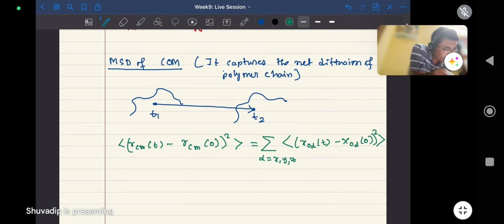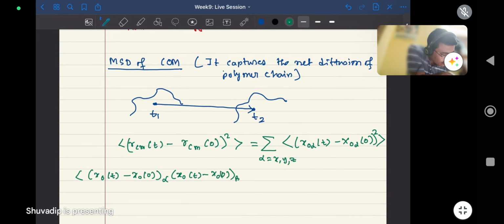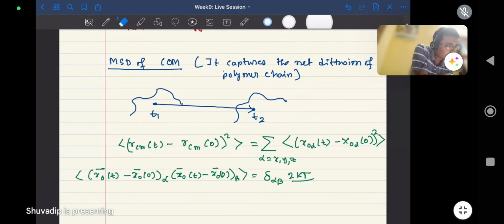Now we already know this particular relation, that the ensemble average of the x0 alpha component at t minus at 0, times the x0 beta component at t minus at 0, is given by delta alpha beta 2 kT by N xi into time.